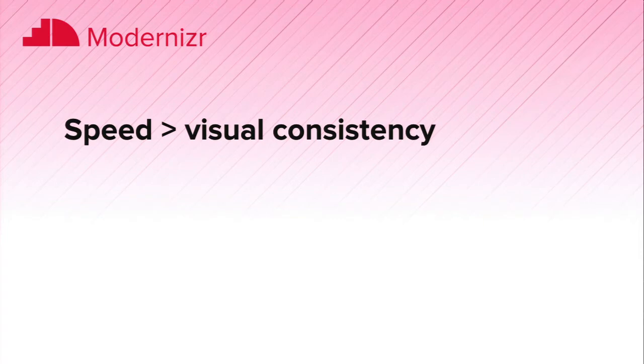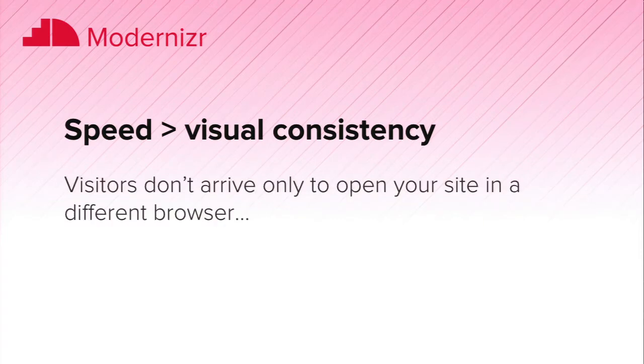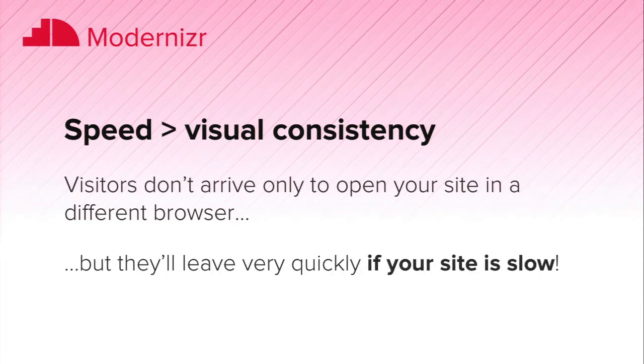People don't come to your site and go like, oh, I wonder what this looks like in IE6. They don't arrive to open it in a different browser. They arrive for the content. But they will leave very quickly if your site is slow.